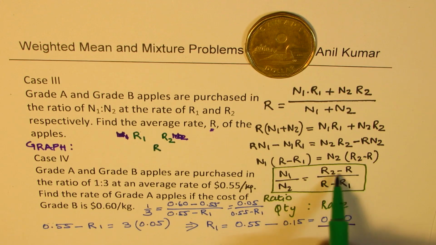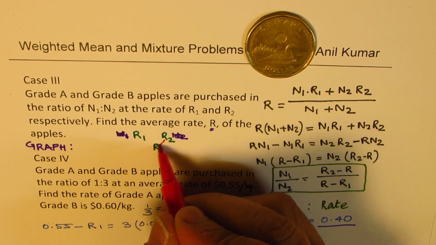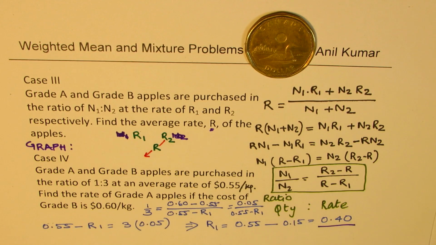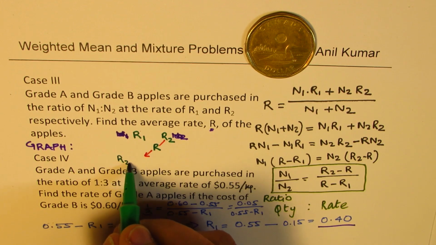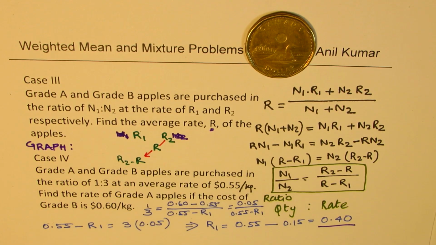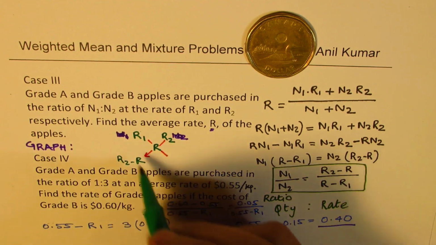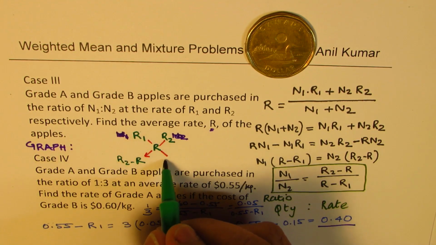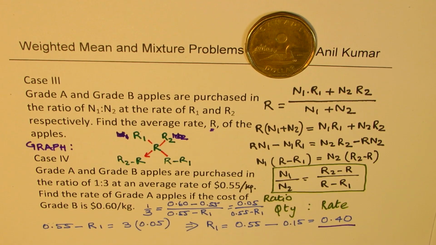So what is R2 minus R1? What we do really is, the average is somewhere in between these two. When you do this, imagining R2 is bigger, you can write this as R2 minus R on this side. And on the other side, I could take a difference of these two. Since that is a lower number, we'll write this as R minus R1, correct?